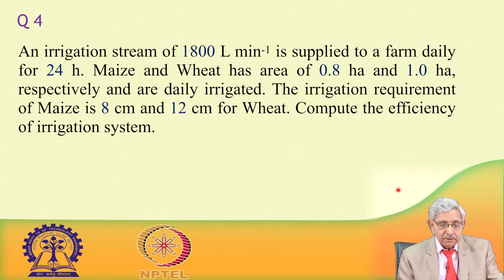And maize and wheat are the crops; maize has area of 0.8 hectare, and wheat has area of 1 hectare, and they are daily irrigated. Irrigation requirement of maize is 8 centimeter, means daily 8 centimeter of water is needed, and 12 centimeter of water is given to wheat crop. Compute the irrigation efficiency of the irrigation system.